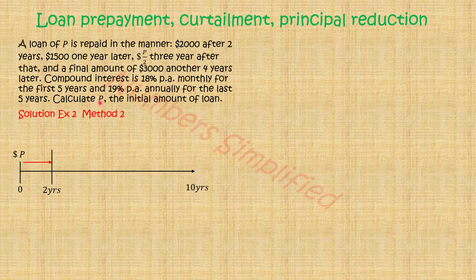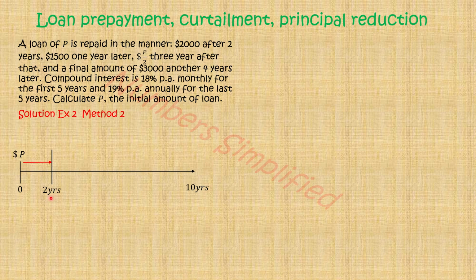Right, so we see from this information that we're given, we have the value of the loan being P at time 0. But now that loan is going to accumulate some interest after 2 years. So we would need to know what the value of that loan is in the first 2 years before the payment is made, or when the payment is made, because in so doing we are able to see the balance of the loan.